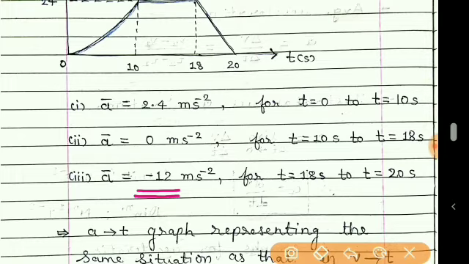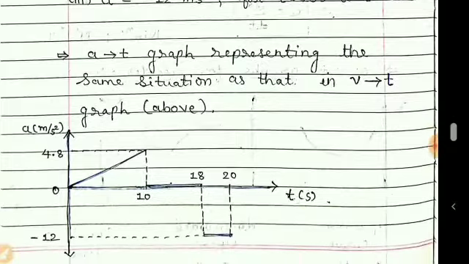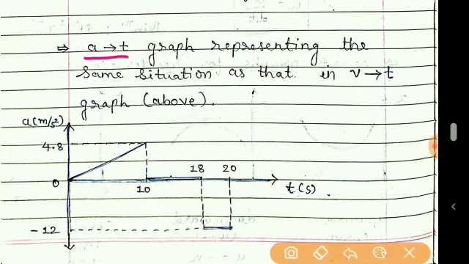So students, I hope the velocity time graph for acceleration is clear to you. Now about the acceleration time graph. In the acceleration time graph, you can see from time t equal to 0 to time t equal to 10 seconds, even acceleration changes, means acceleration also increases linearly.